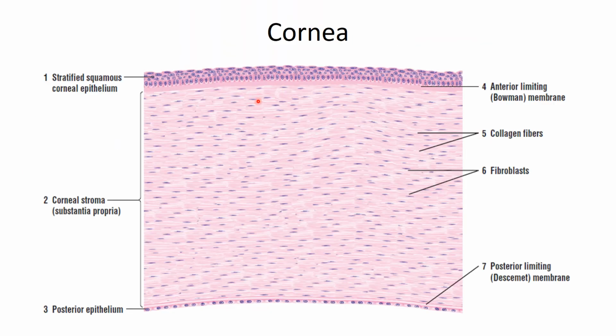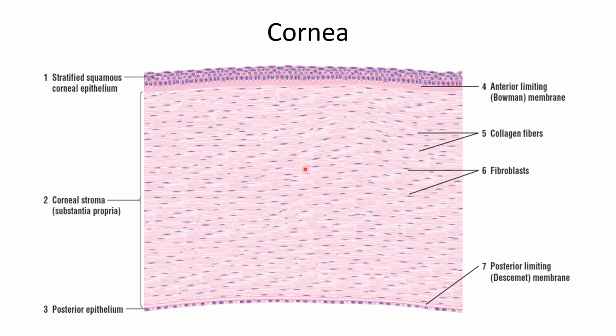We will again see this in the diagrammatic view, starting with the anterior stratified squamous non-keratinized epithelium. Then this is the anterior limiting membrane or Bowman's membrane. Posterior to that is the substantia propria, the thick stromal layer.